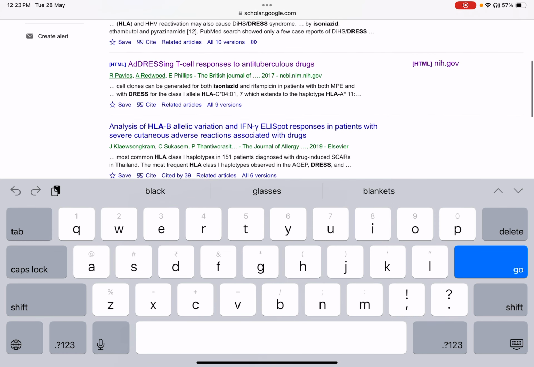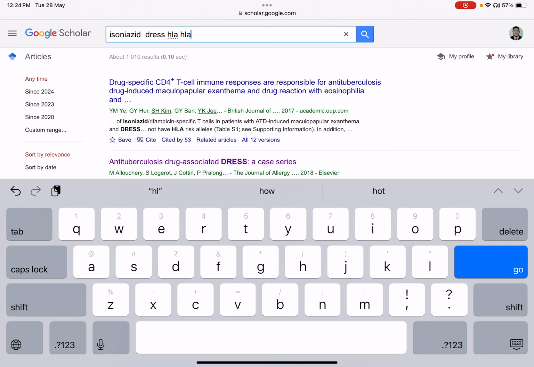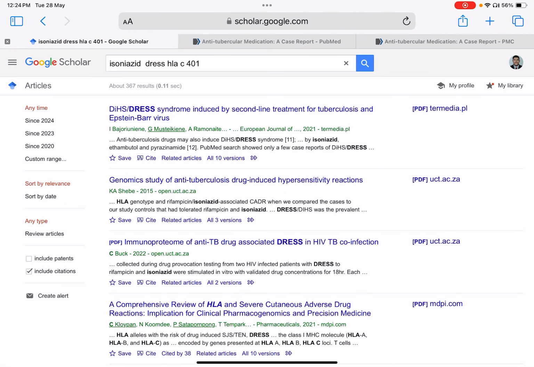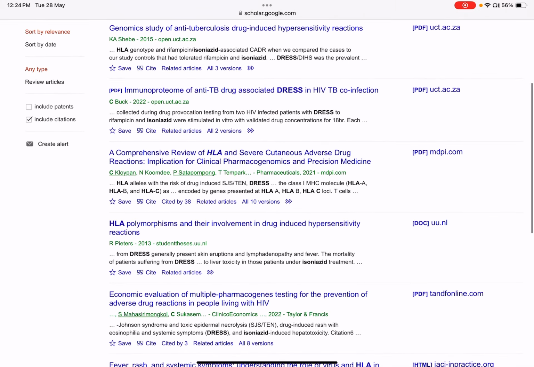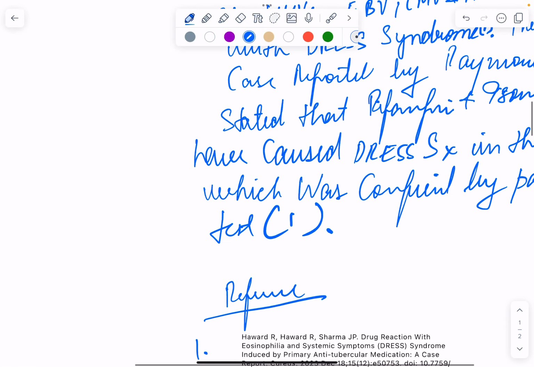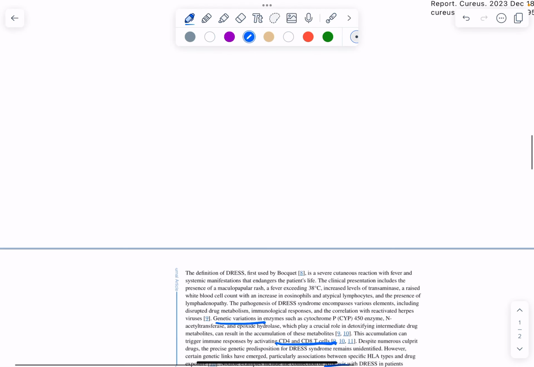But I got an idea. I have to now further focus on HLA C4:01. So that's how you should keep going ahead and seeing what is specific. So if I find some HLA, then I should mention it in my writing. So where was it?